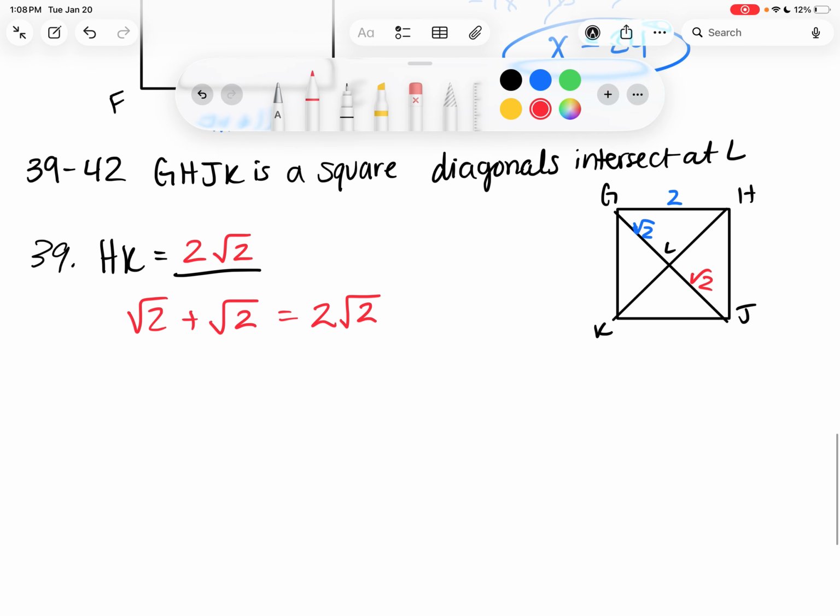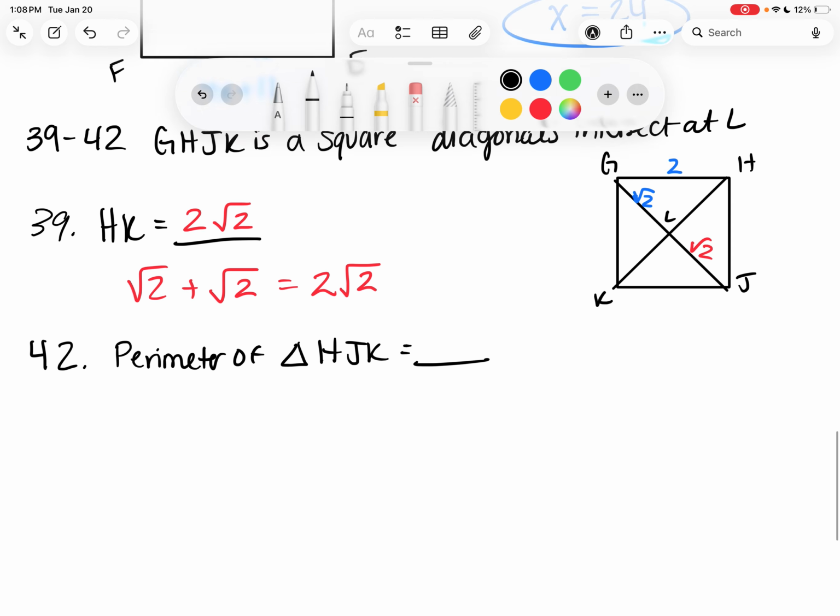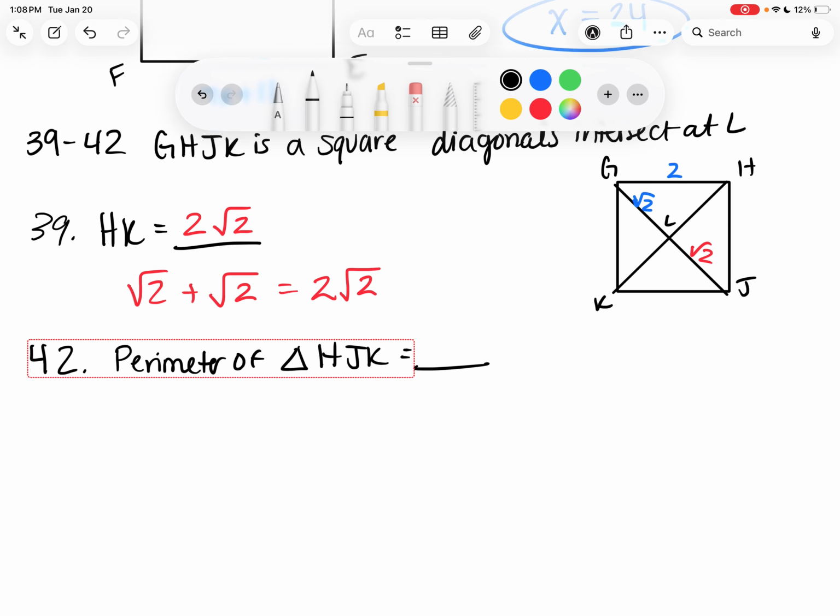See if I can read the correct question this time. 42. The perimeter of triangle HJK is equal to blank. So HJK is this big triangle right here, and I need the perimeter of it.